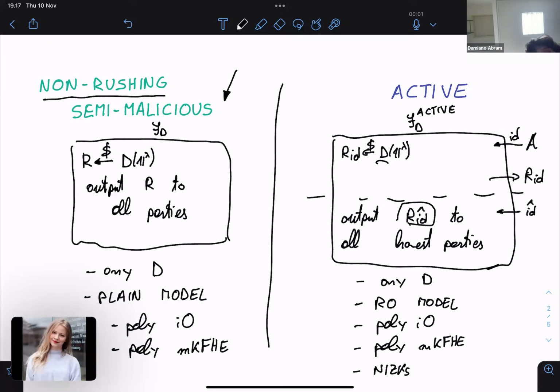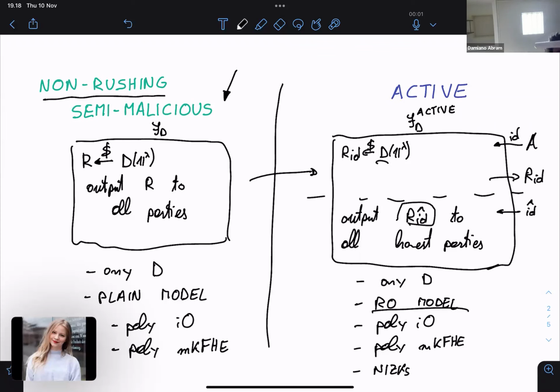I don't think I will have time to present the active construction, but I will just say that basically we built a compiler that compiles every one-round protocol with non-rushing semi-malicious security into a one-round protocol with security against active adversaries in the random oracle model.